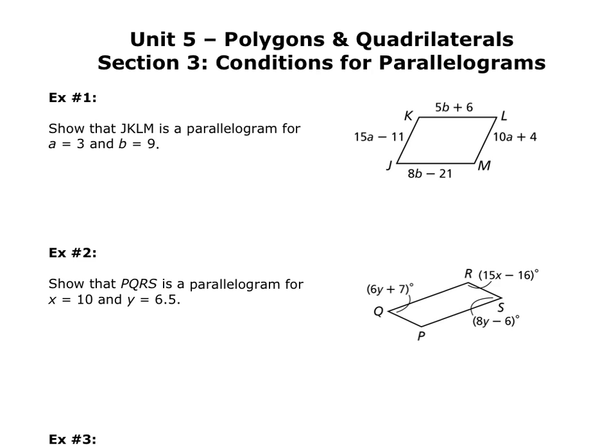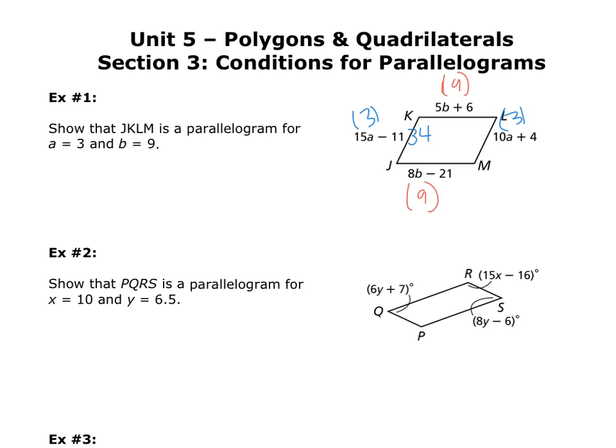If A is 3, I'm going to plug in a 3 for A on either side. And then B is 9. I'm going to do the same thing, but substitute in a 9 in place of B. We'll speed our math up a little bit. JK will end up being 34, and I'll just write that on the picture.